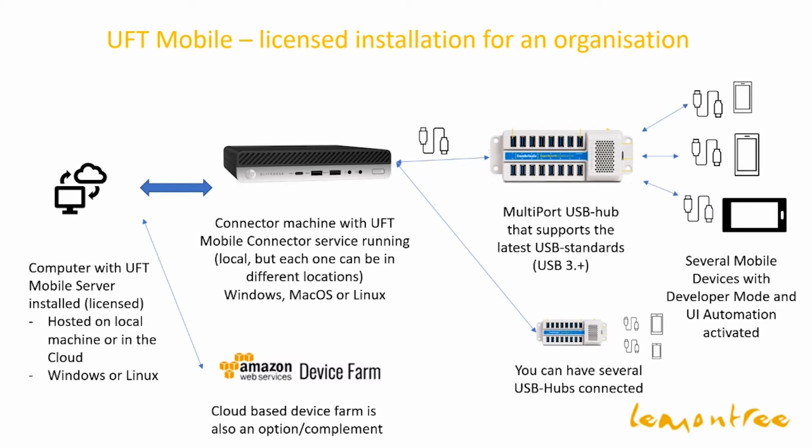The connector machine will have a USB hub connected to it, and the USB hub will have the mobile devices connected to it physically, so not in the cloud. But you can run many connectors for each installation. They don't need to be in the same location. They can be in different countries even, as long as they have a connection through the company network to the UFT Mobile server. So it's quite flexible.